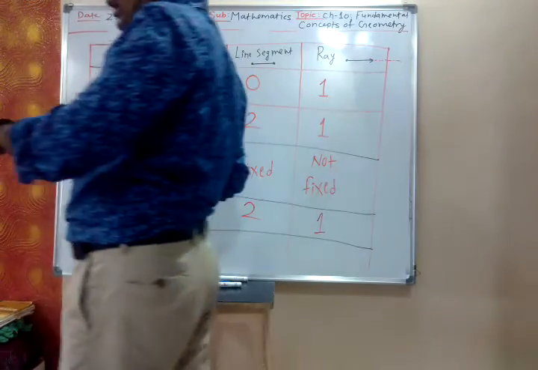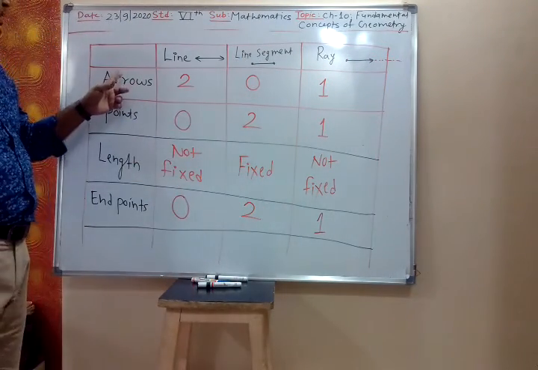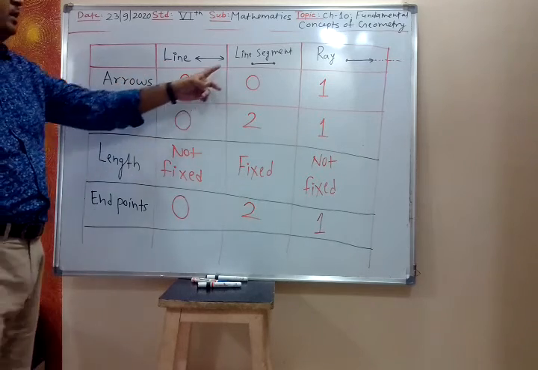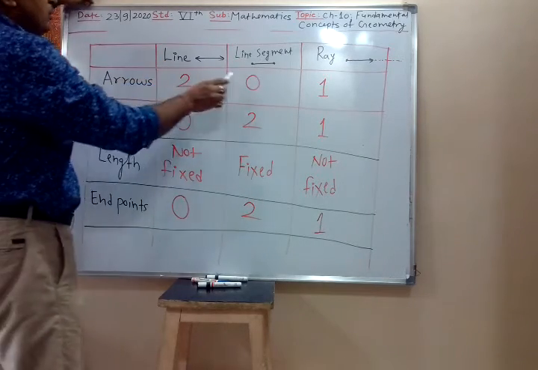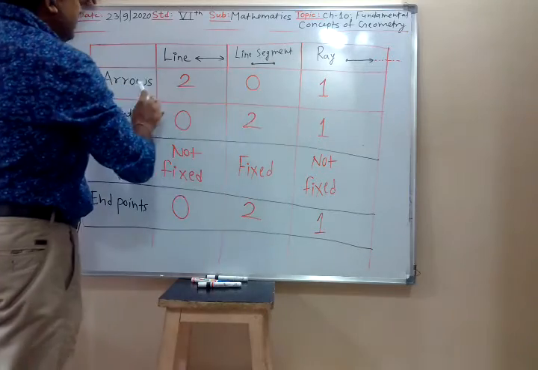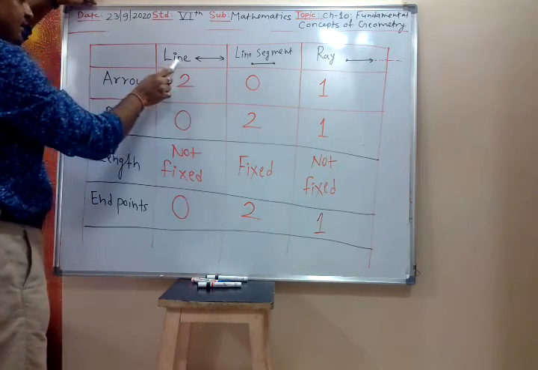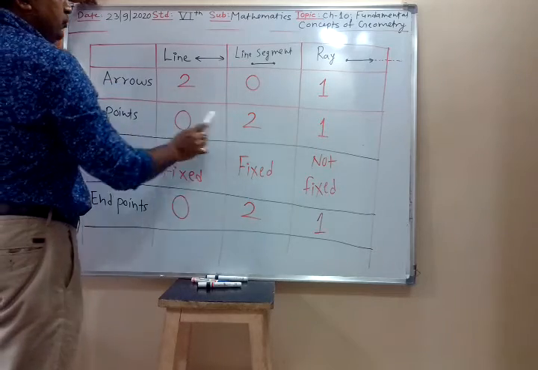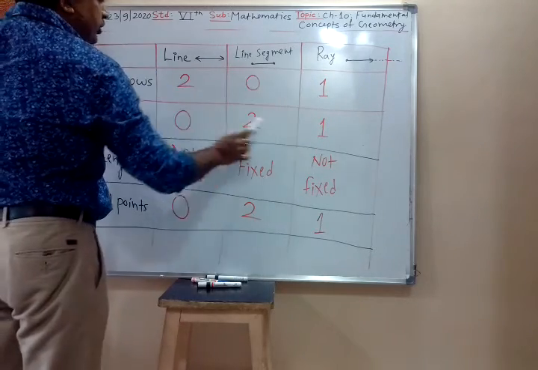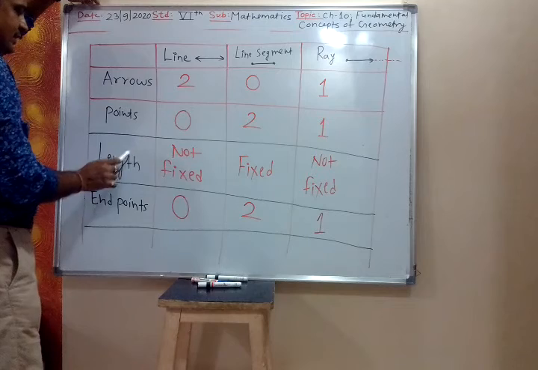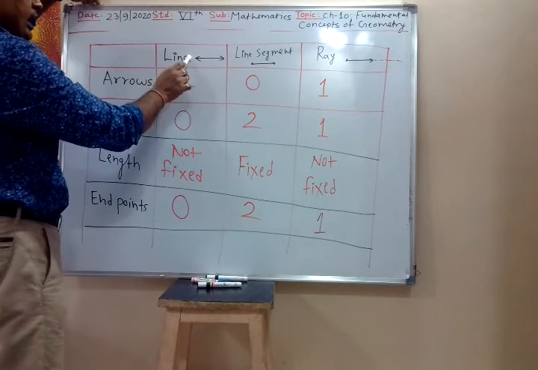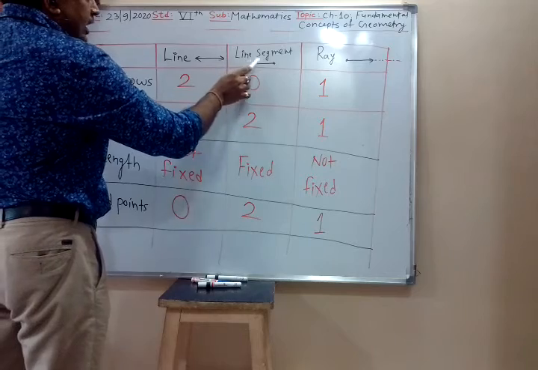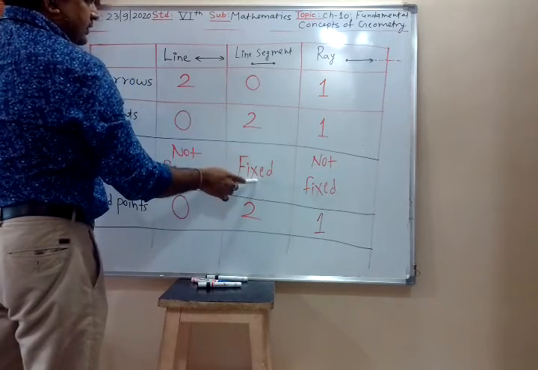This is the table which you have to remember. Arrows: a line has 2 arrows, a line segment 0, a ray 1. Points: a line 0, a line segment 2, a ray 1. Length: a line has arrows at both sides, so the length is not fixed. A line segment has no arrow at any side, so the length is fixed.